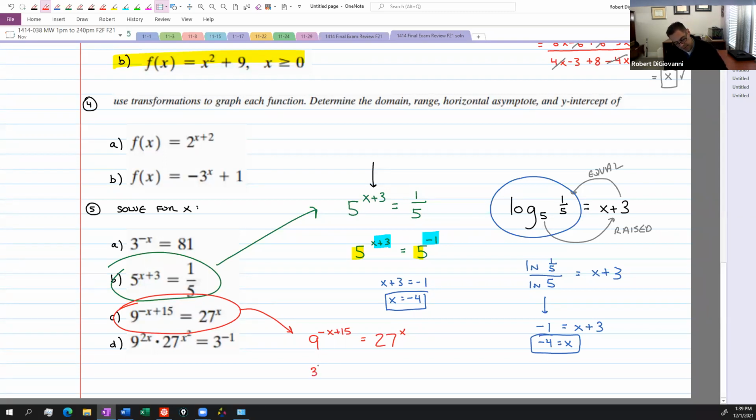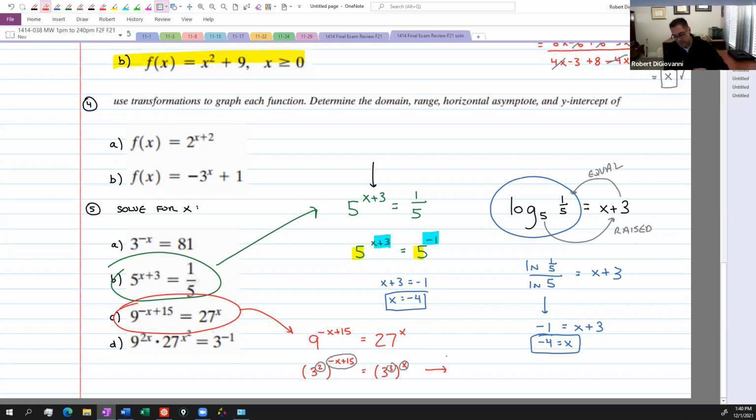This is 3 squared raised to the -x plus 15. And this one is 3 cubed raised to the x. And then what we can do is multiply the 2 times this power and then the 3 times that power, and we get a new equation.